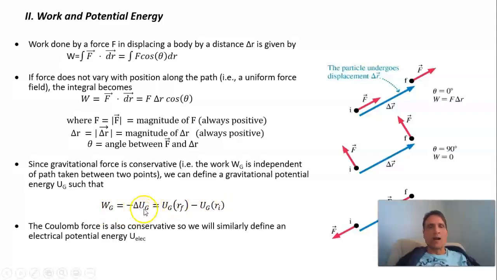In other words, if gravity does positive work, meaning it pulls a ball down toward the surface of the Earth, the potential energy of the ball decreases. If negative work is done by gravity, such as when you throw the ball up in the air, then the displacement and the force of gravity are in opposite directions, the work done by gravity is negative, and there's an increase in the gravitational potential energy.